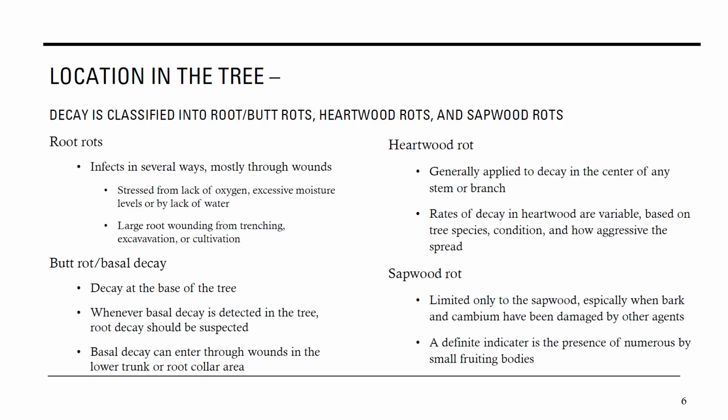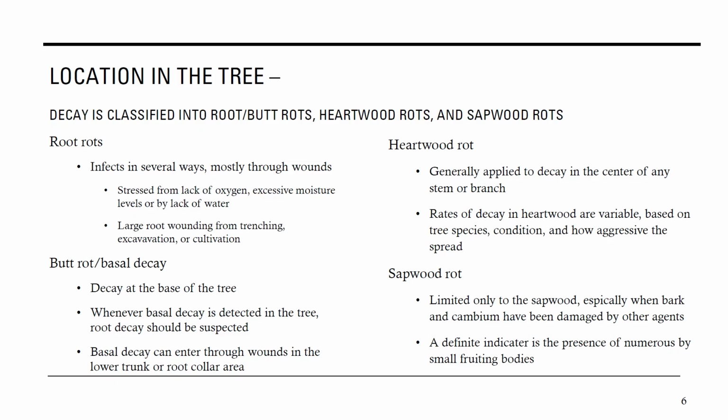The location in the tree, so where this decay is located, plays a lot into management decisions. To start with, we have root rots. They affect trees in several ways. In the urban environment, especially as we have developed areas that were once wooded, trees are stressed from lack of oxygen because of compaction, excessive moisture, and changes in topography.